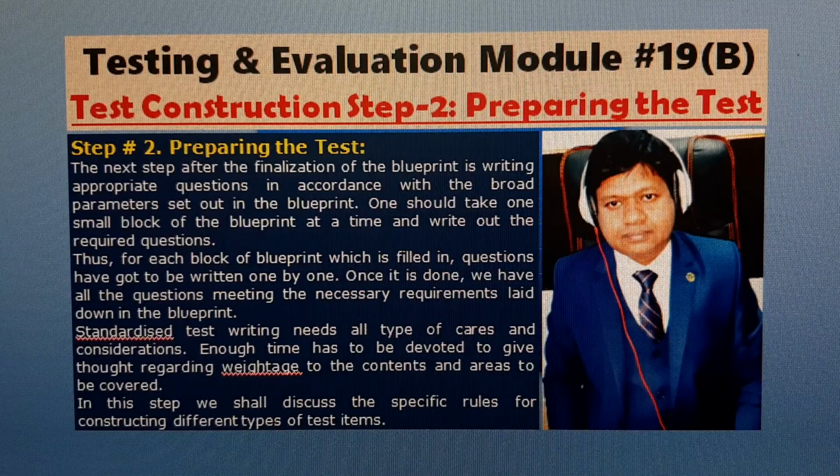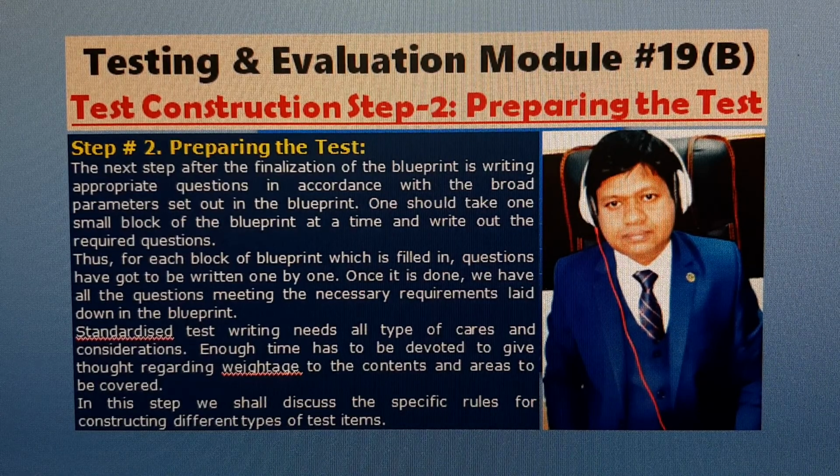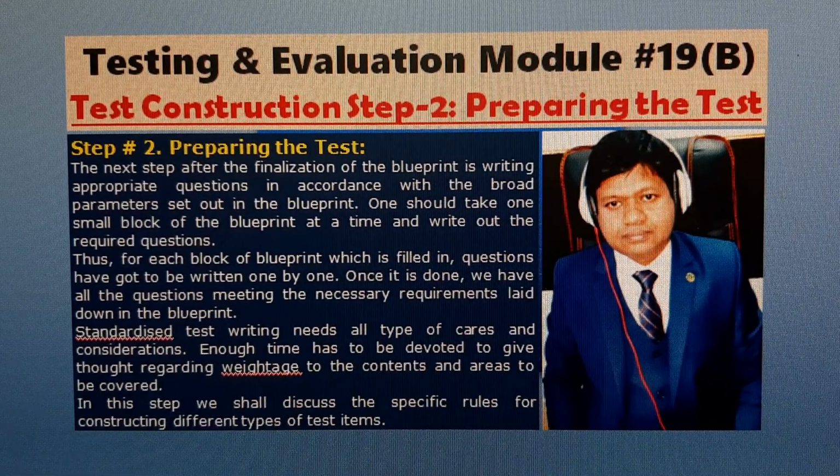Standardized test writing needs all types of care and consideration. Enough time has to be devoted to give thought regarding weightage to the contents and areas to be covered. In this step, we shall discuss the specific rules of constructing different types of test items.